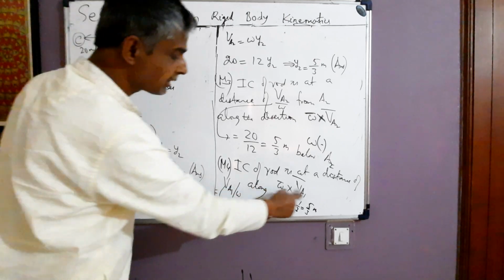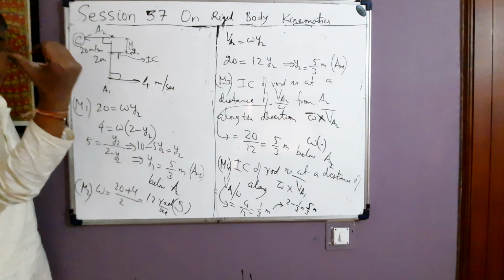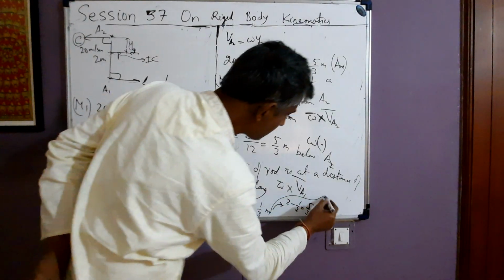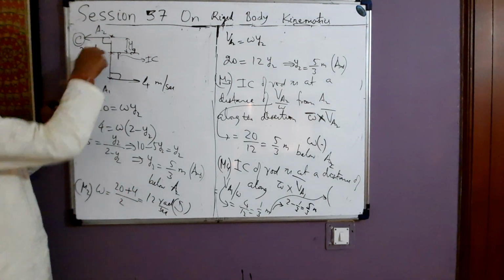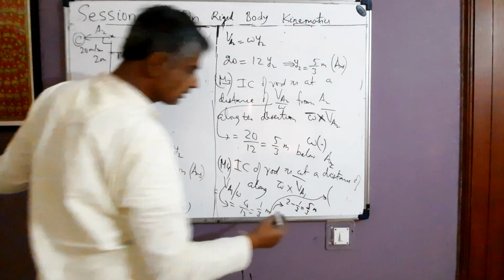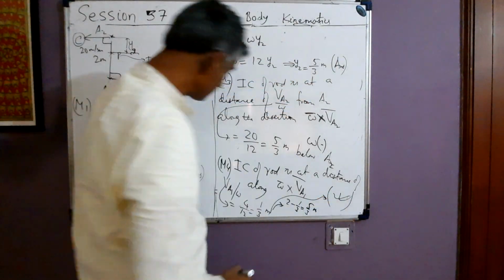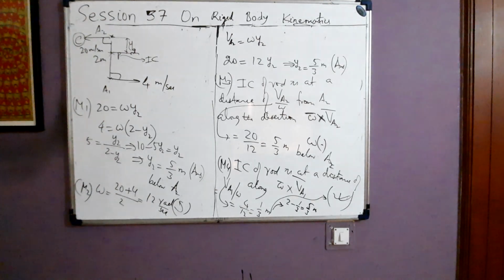Along which direction? Omega cross VA1. VA1 is to the right, omega is out of the plane, so omega cross VA1 is upward. So 1 by 3 meter vertically above A1, sorry, not below A1. That is 2 minus 1 by 3, which is 5 by 3 meter vertically below A2. So we have obtained the same result by method 4 also.